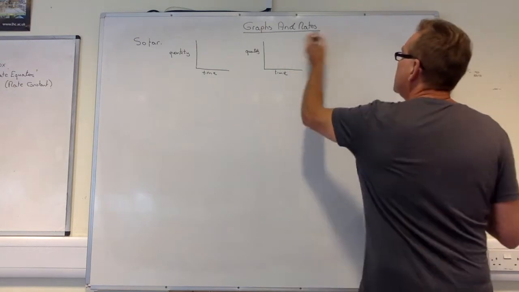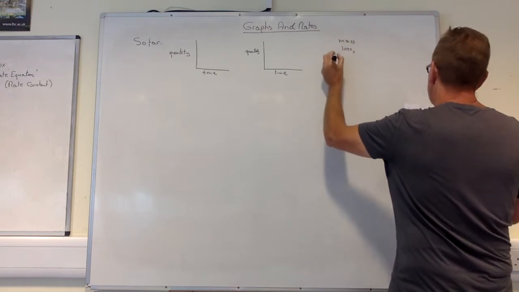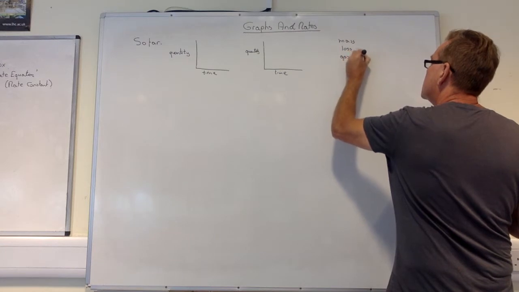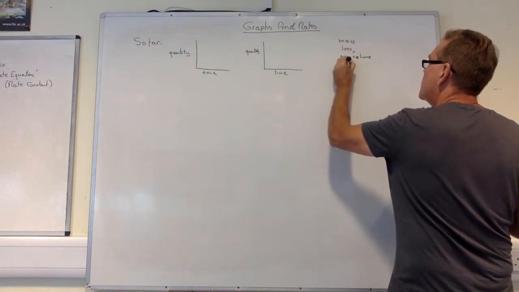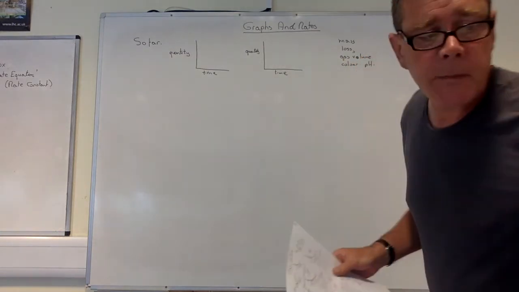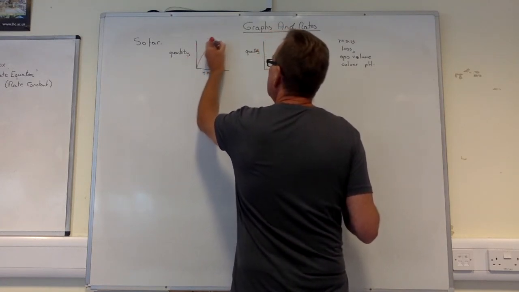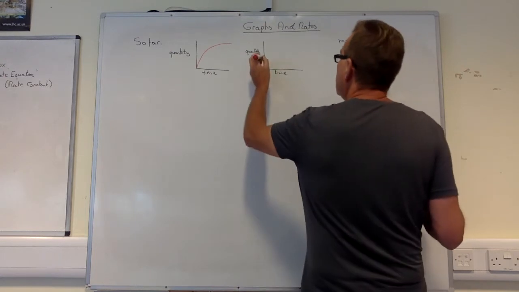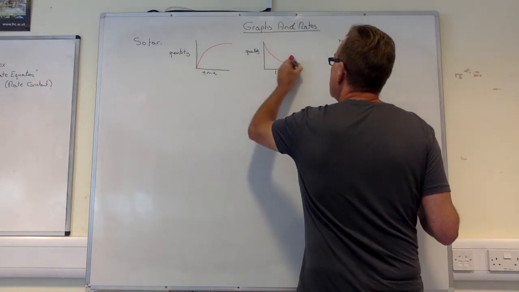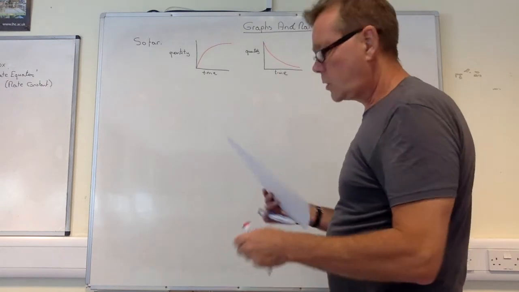Your quantity can be mass loss, volume of a gas, colour or pH, anything that can be continually monitored. If it's volume of a gas, it'll do that. If it's mass loss, it'll do that. That gives you a way to continuously monitor the progress of the reaction.